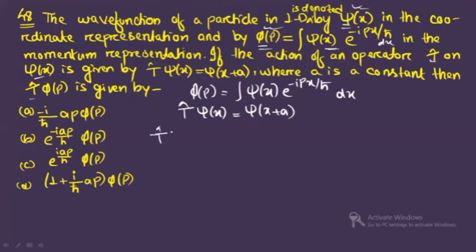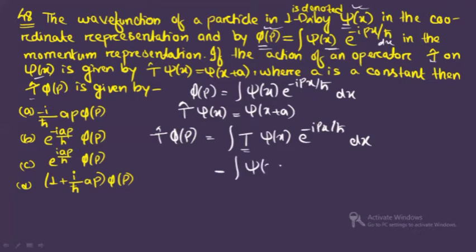So we have to find T phi(p). T phi(p) will be the integration where T acts on psi(x), and then we get psi(x + a), right? So we write psi(x + a), and this term I am keeping as it is for the time being.